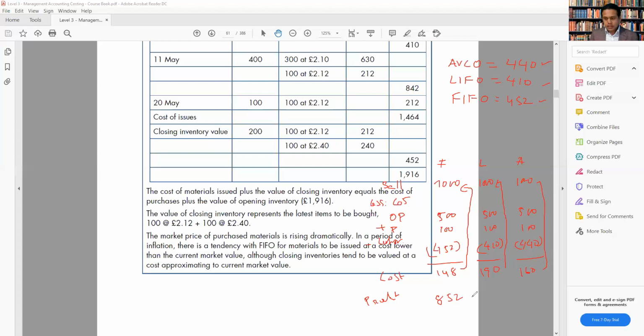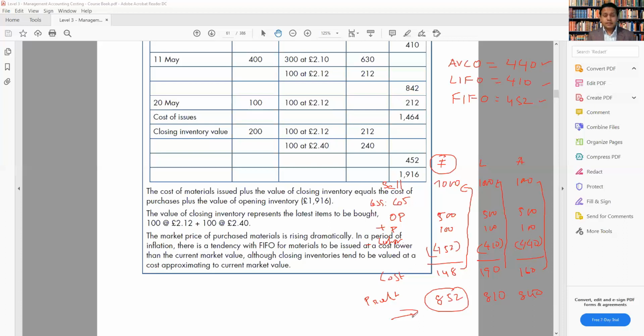Then 1000 minus 190 gives me profit 810. And 1000 minus 160 gives me profit 840. So now you can see, by using all of these techniques, which one gives me higher profit? The FIFO, that's the higher profit we have.